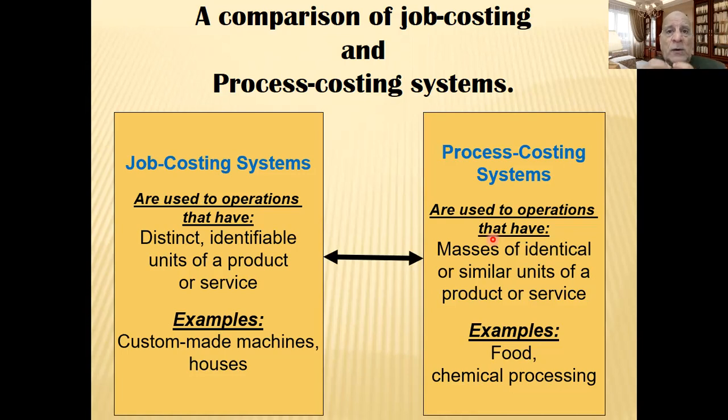The management accountant uses a production cost report to track production quantity and the cost information for each department. Unit product cost is calculated by dividing process costs in each department by the number of equivalent units produced during the period.